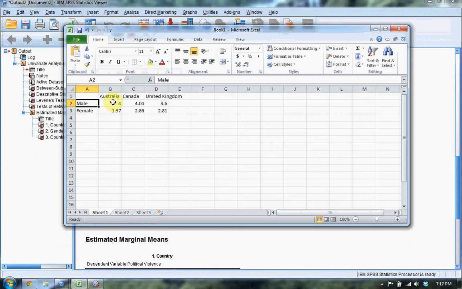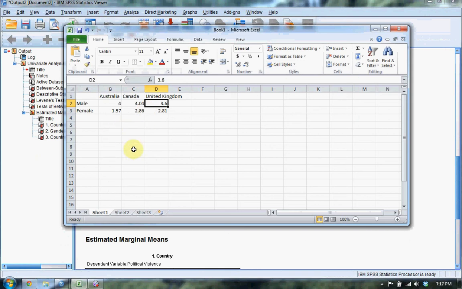However, there's another way that we can check to see if it is ordinal or disordinal, and that is in the differences between country. So in the case of Australia, Canada has a higher acceptance of political violence in men and women. In the case of the United Kingdom, Canada has a higher level in both men and women as well.